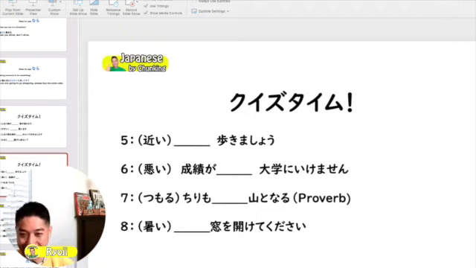Question number 8. 暑い。暑い is hot. 窓を開けてください。Okay, you have to modify the word 暑い。Okay, so if you need more time, please pause this video and answer these questions.